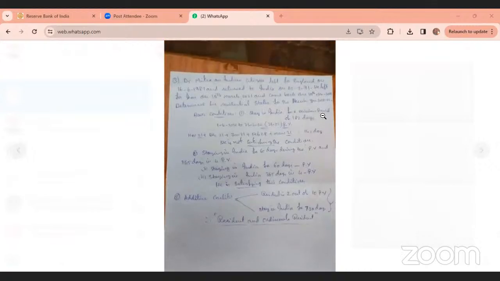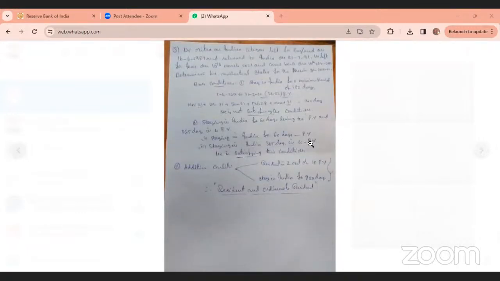So the second basic condition is satisfied. Next, when you satisfy any one of the basic conditions, it is called resident.